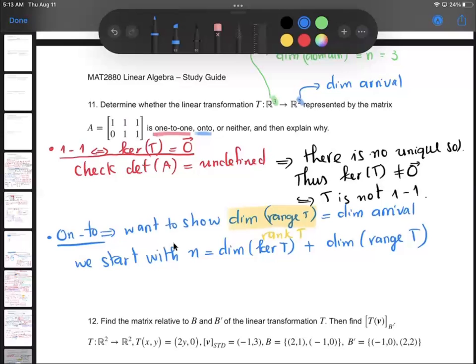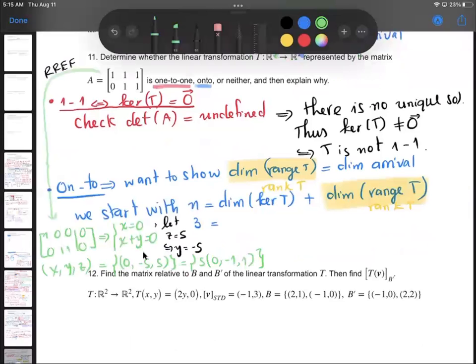Better yet, if I factor out the s, I get (0, negative 1, 1). That's the basis, right? So the dimension of the kernel of T, which is the number of basis vectors, is equal to 1. So the dim of the kernel of T is 1.